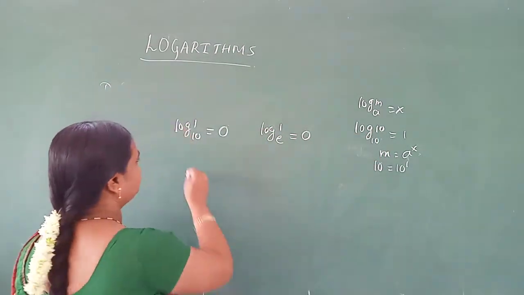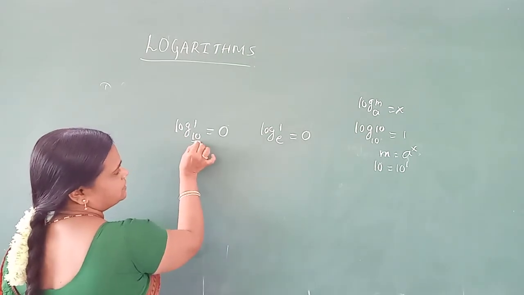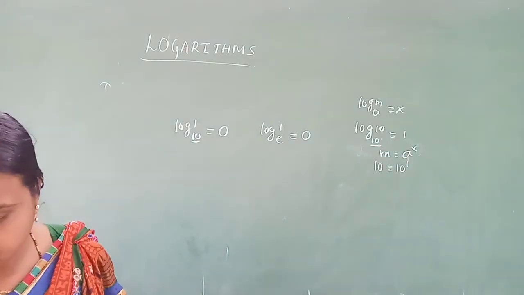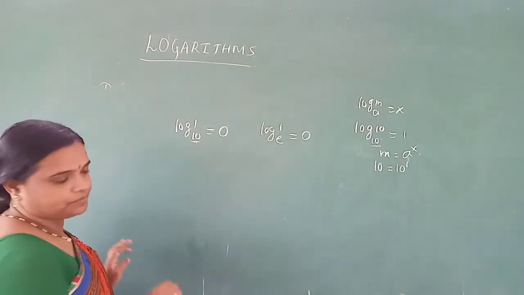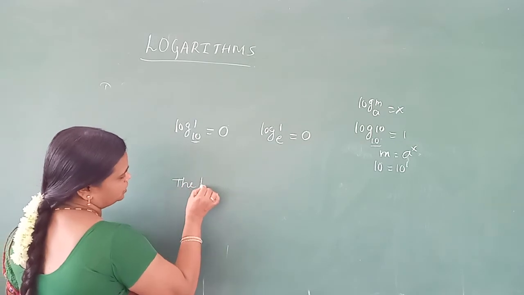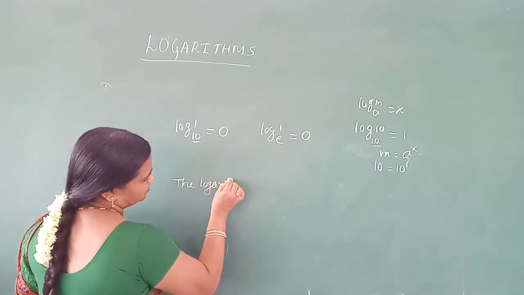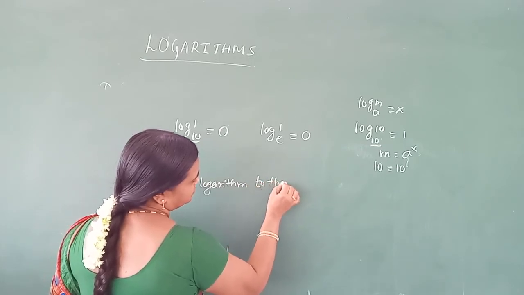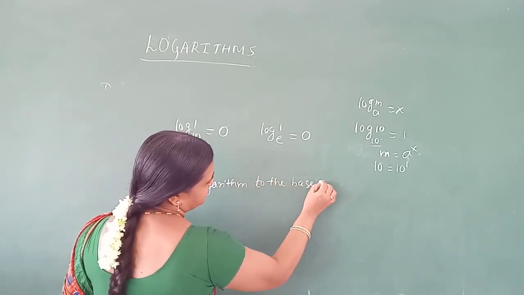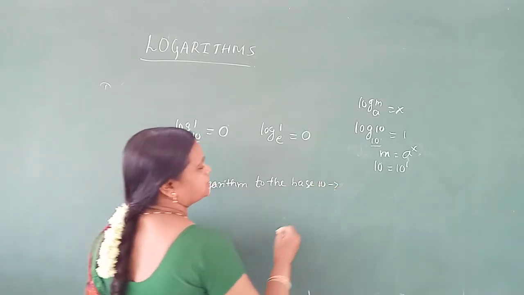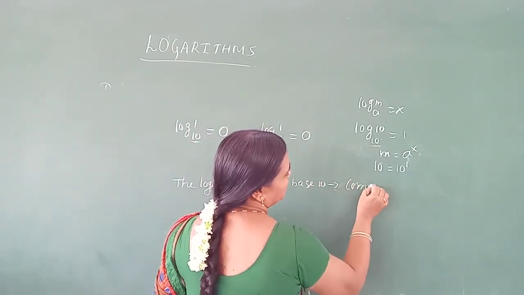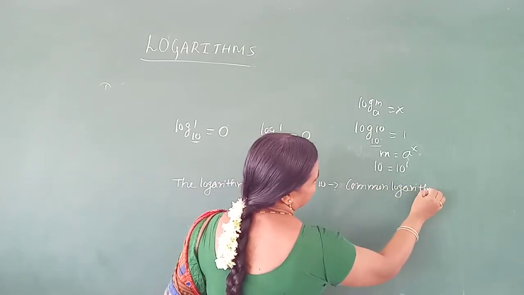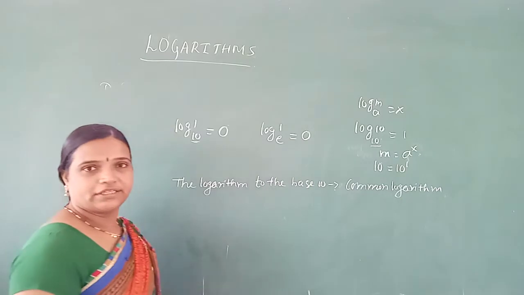And remember that if the base is 10, correct? Base 10. The logarithm to the base 10 is called common logarithm. We call it common logarithm.